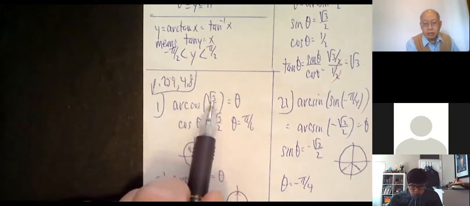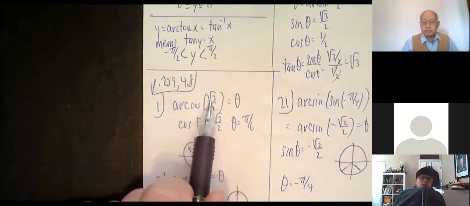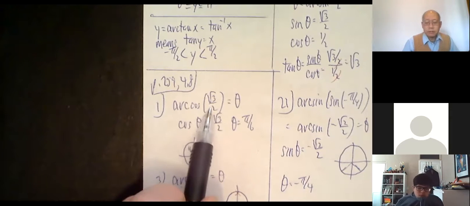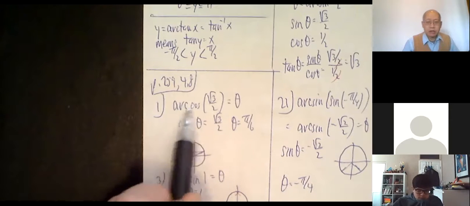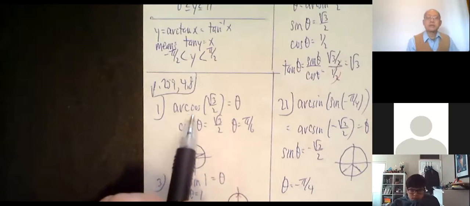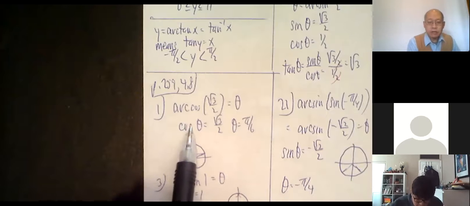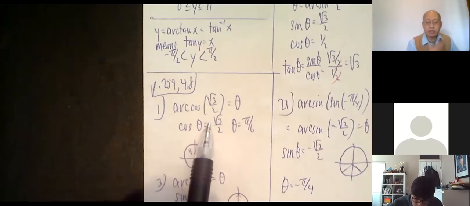Could I be taking the cosine of radical 3 over 2? No, I'm taking the arc cosine of radical 3 over 2. It wouldn't make sense for the cosine of radical 3 over 2 to be the same as arc cosine of radical 3 over 2. So I must be taking the cosine of something else. There's only one other choice, theta. So cosine of theta is radical 3 over 2.